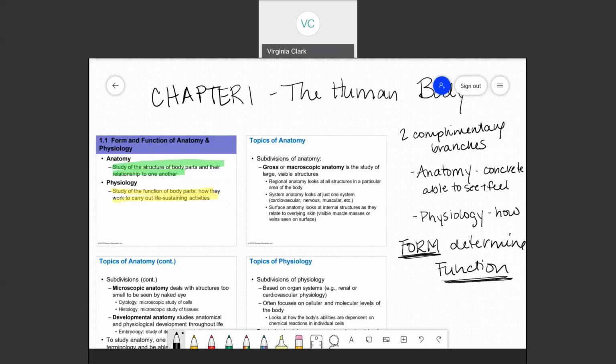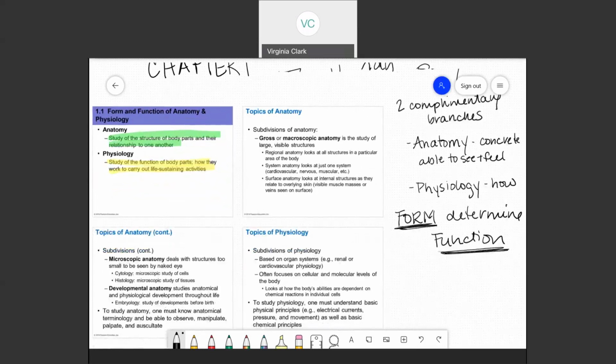As we go, you're going to be learning normal human anatomy and physiology and how these two parts work together. Then in some of the later chapters, we're going to start looking at disorders or diseases, or how either the anatomy or the physiology goes wrong. We'll spend some time on that after we've learned how things should typically be put together.